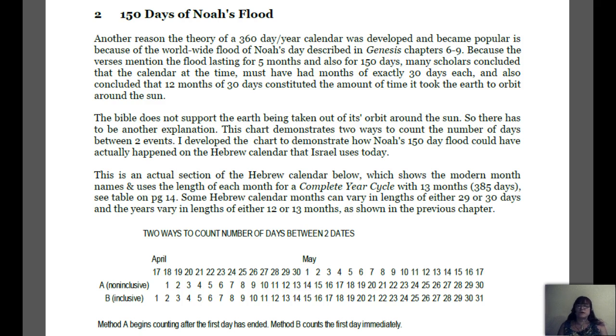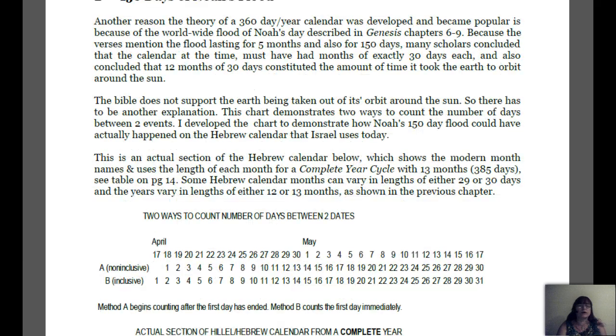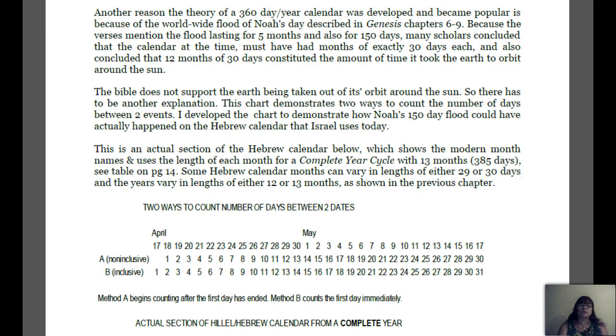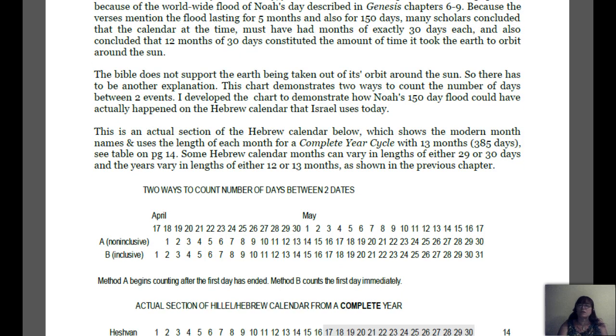I developed the chart to demonstrate how Noah's 150-day flood could have actually happened on the Hebrew calendar that Israel uses today. This is an actual section of the Hebrew calendar below, which shows the modern month names as I showed you earlier on the other charts, and it uses the length of each month for a complete year cycle, with 13 months, 385 days.